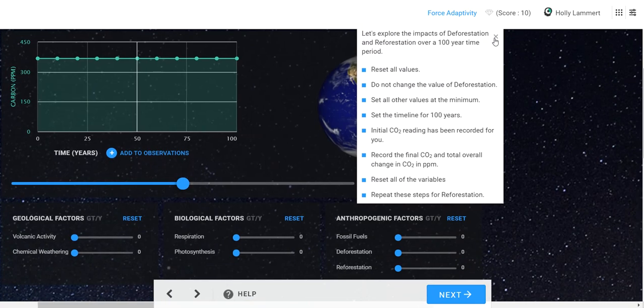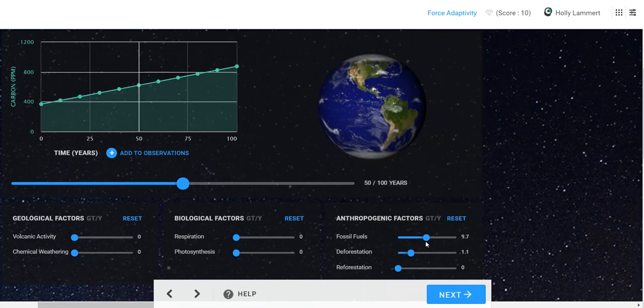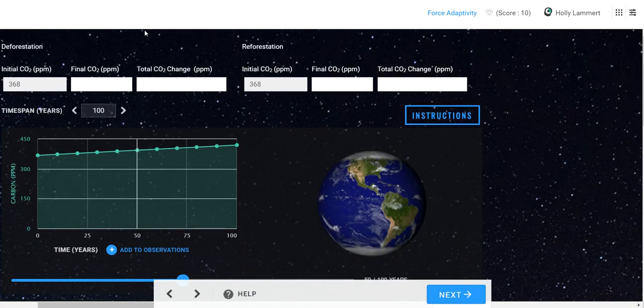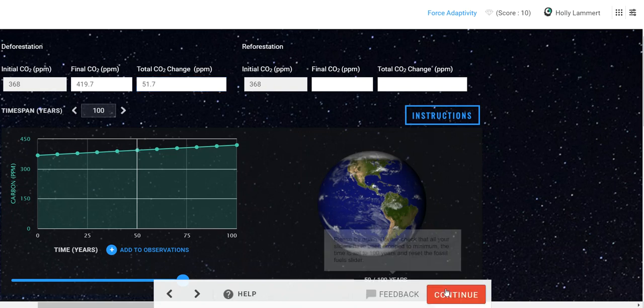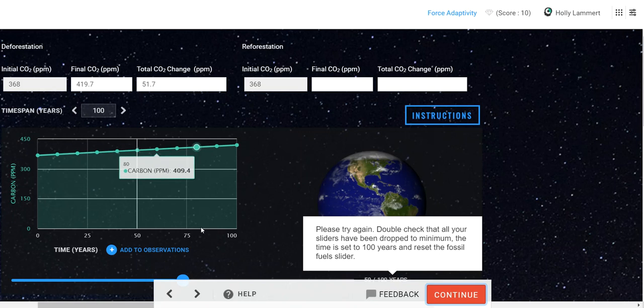Okay, let's do deforestation first. Reset. Fossil fuels goes down. Now we just have deforestation. We're at 419.7. Okay, go ahead and try to do this mental math: 419.7 minus 368 is 51.7.